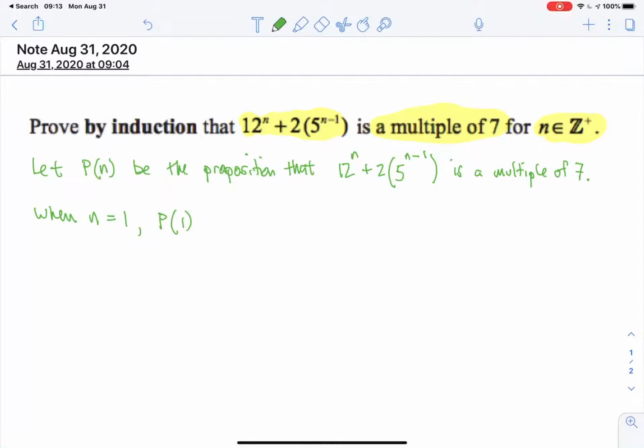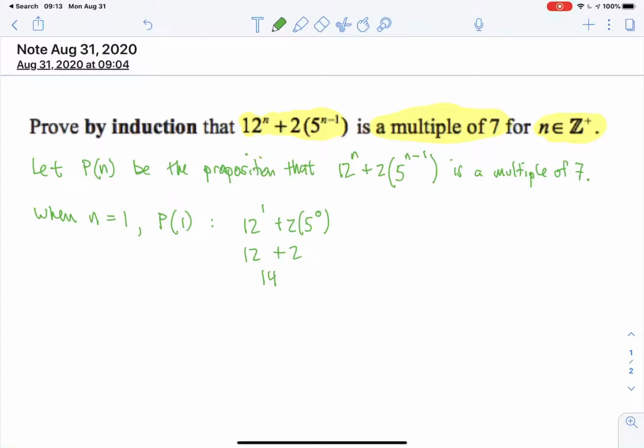is true. So p of 1, we need to substitute into this expression. So this becomes 12 to the 1 plus 2 times 5 to the 0. And this is just 12 plus 2 times 1, which is 14.